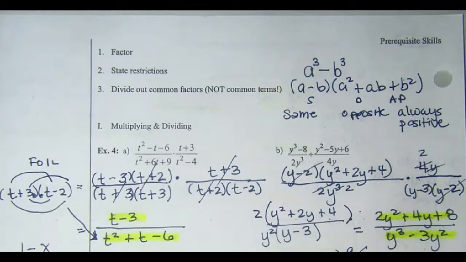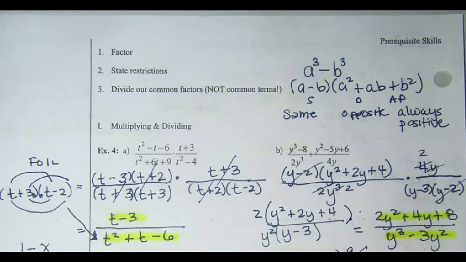So I will let you look at example 4, A and B, but basically you can do this in 3 steps. You factor first, you state your restrictions, and then you divide out common factors. So common factors, not terms, means that when I cancel, I have to cancel the entire binomial.